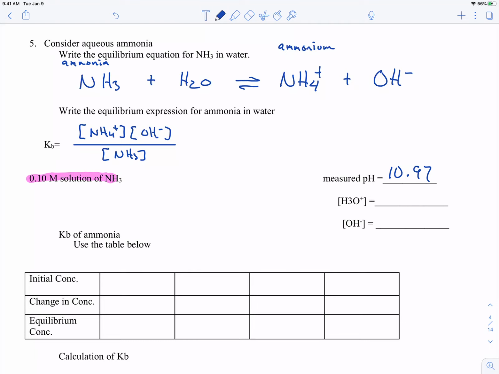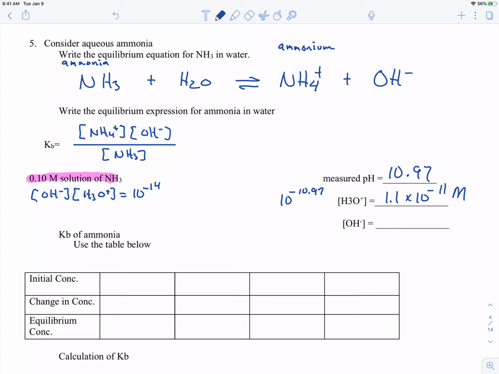So now we have this tremendously small amount of hydronium. 10 to the minus 10.97 is 1.1 times 10 to the minus 11 molar. That's incredibly small. We should remember that always, when we take the hydroxide times the hydronium, it always equals 10 to the minus 14.